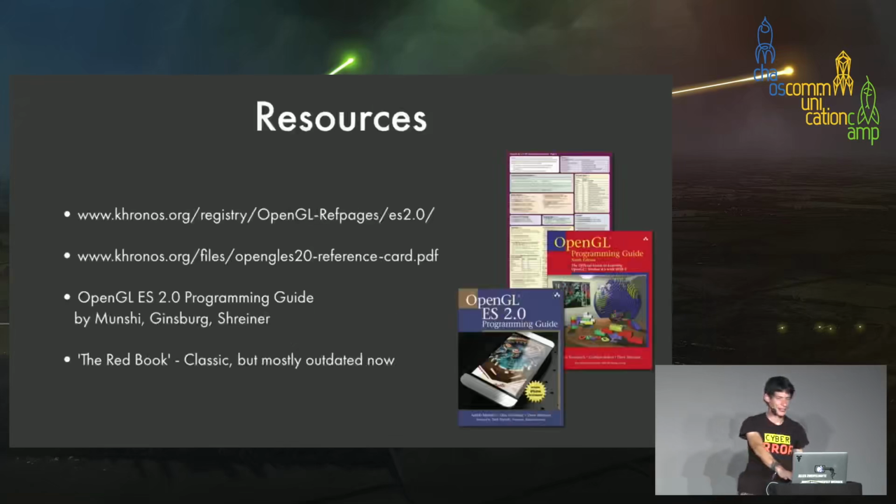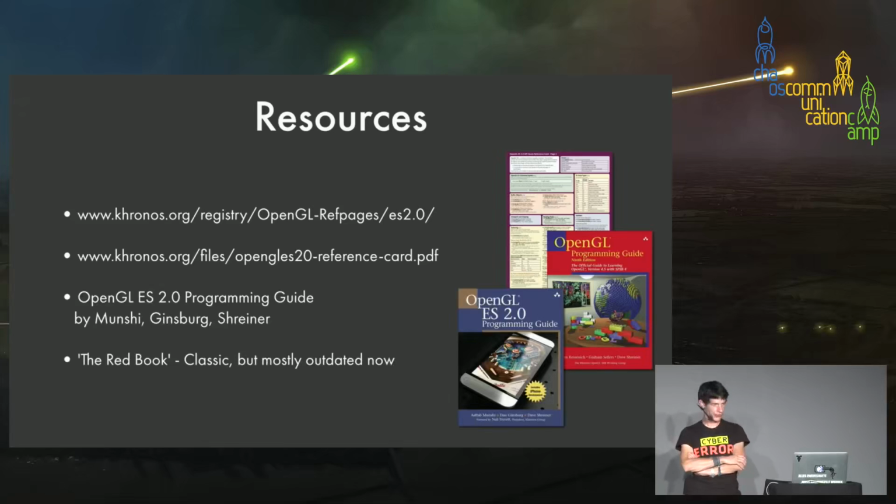And finally, there are some resources if you're interested in more details. Khronos.org publishes reference pages for all of their standards, which is very useful. It's an open standard, so you can get that without registering or anything. At the top URL, there are also handy reference cards that you can use for programming.